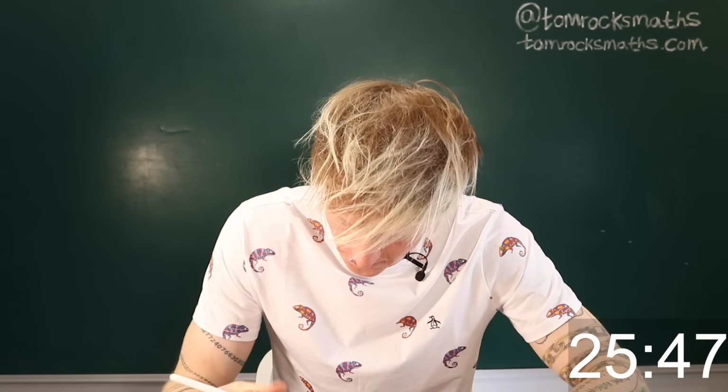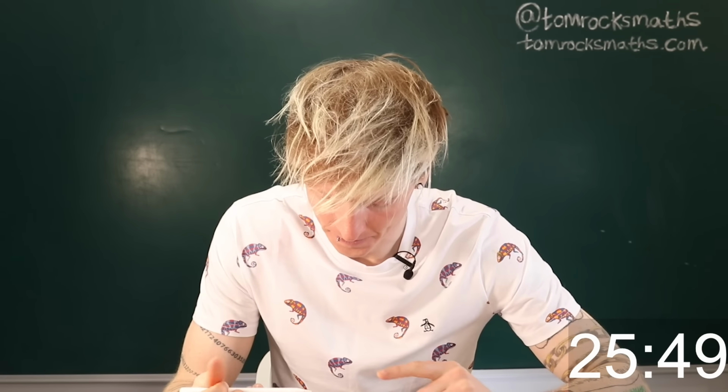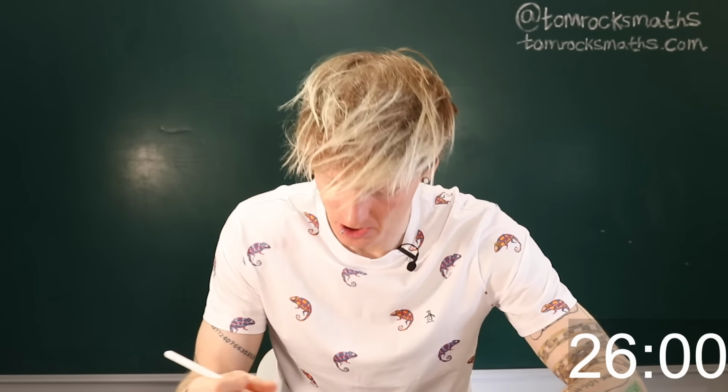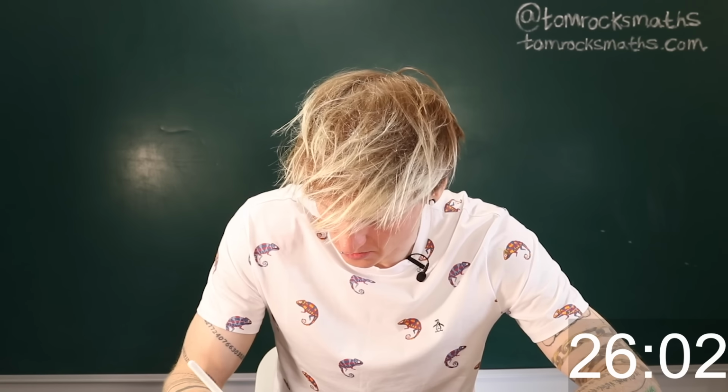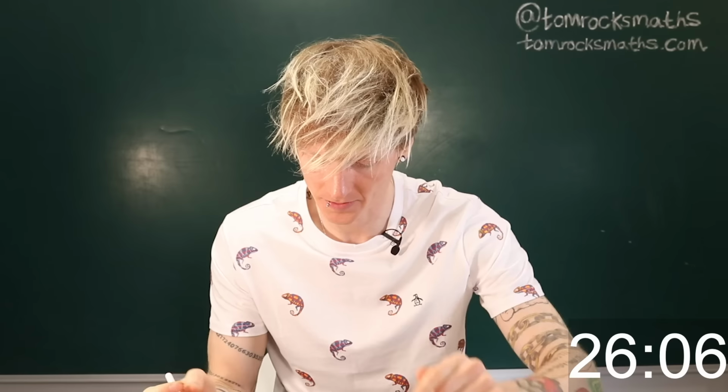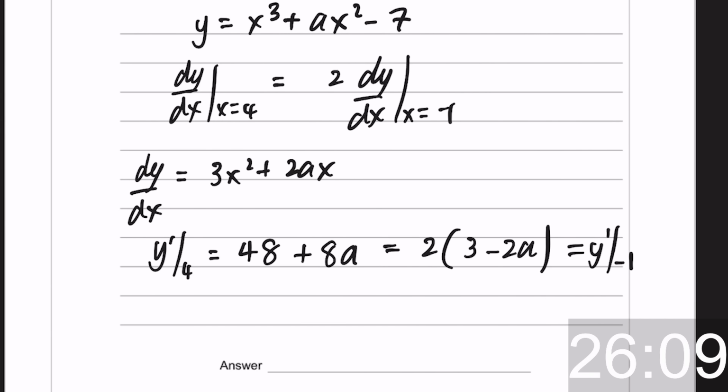So 2 lots of gradient at minus 1: 3x squared, so 3, minus 2a, because it's plus 2ax, so minus 2a. Excellent. So that tells me now that those two have to be equal because that was y prime at minus 1. So let's solve them. So 48 plus 8a is equal to 6 minus 6a.